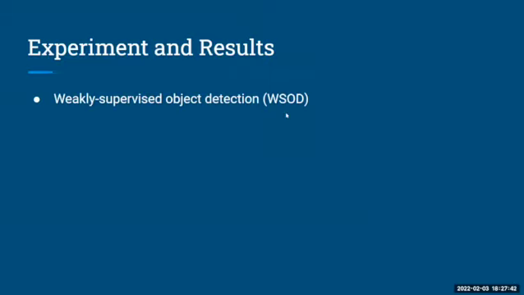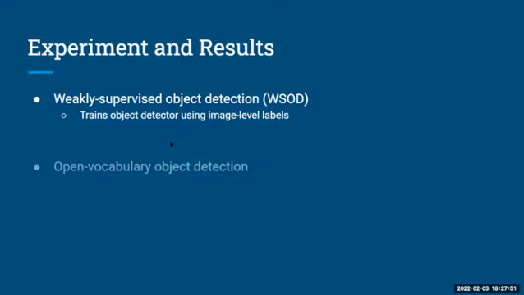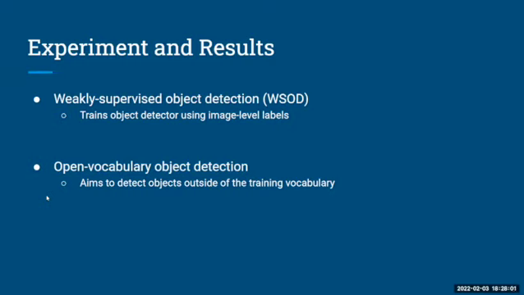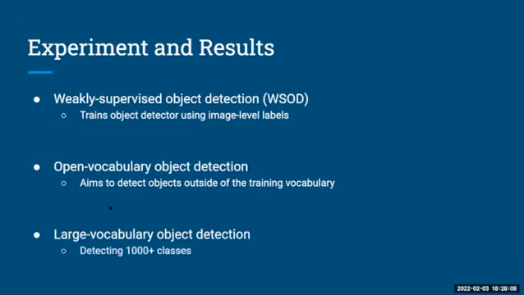First is WSOD, which stands for Weakly Supervised Object Detection, and it trains object detectors using just image level labels. Second is a term called Open Vocabulary Object Detection, and this is when you aim to detect objects that are outside the training dataset vocabulary. And thirdly, another term is Large Vocabulary Object Detection, which is when you're trying to detect over 1,000 classes.